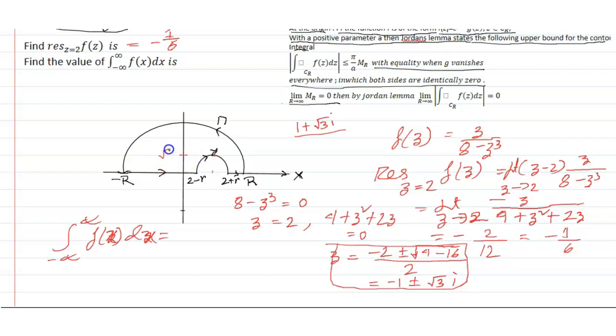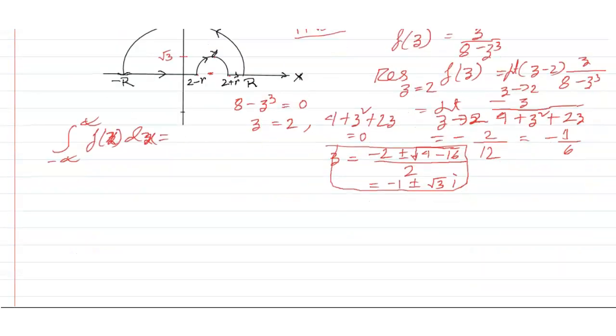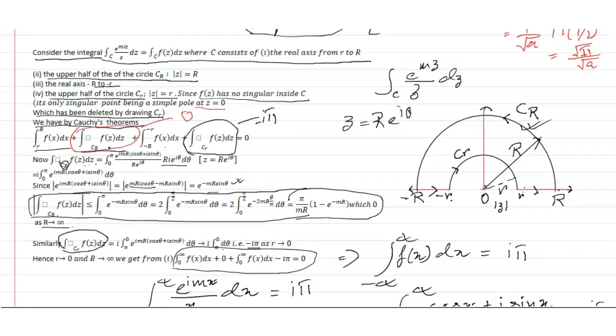This point is root 3. Root 3 means 1.732 something, and 1 is inside this point. This is the root 3 and 2 is another point. So whatever I have to find out, this type of problem, friends.